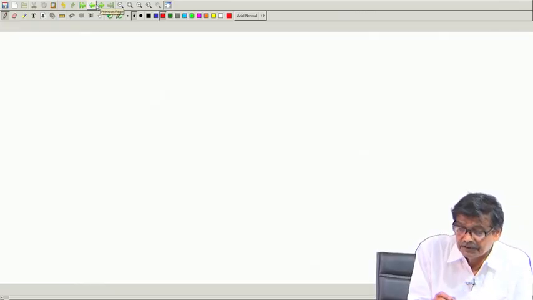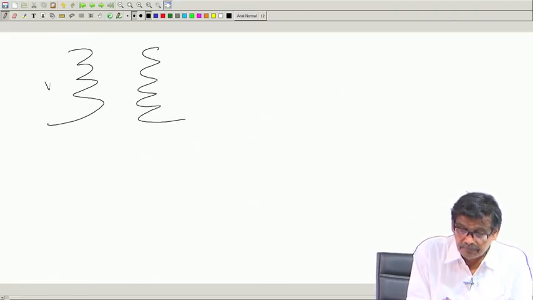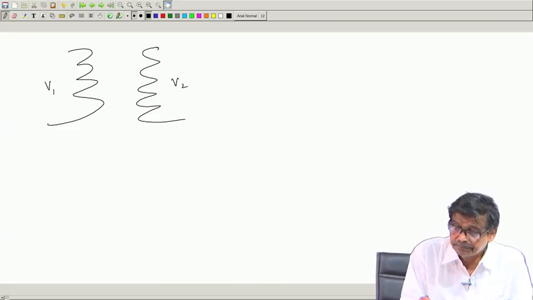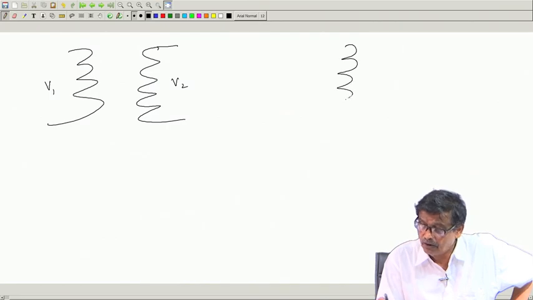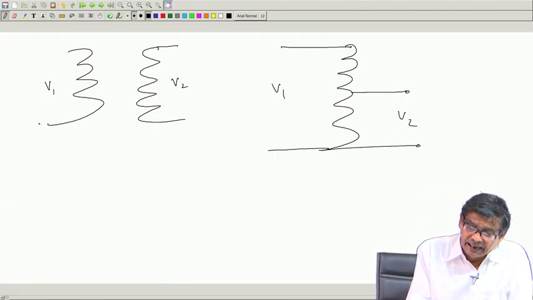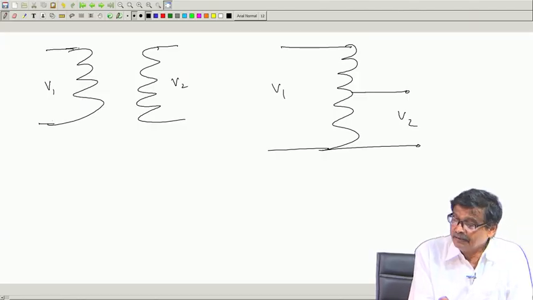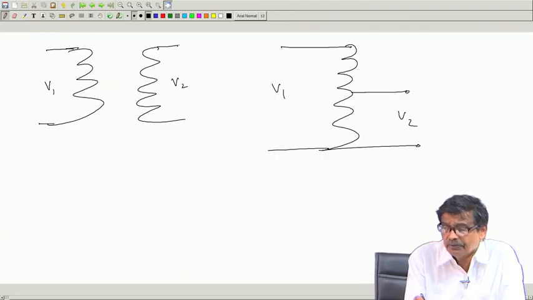Suppose you have a two winding transformer, V1, V2 you are getting, and a similar rated auto transformer where V1 and V2 you are getting, that is fine. Let us consider a situation, a two winding transformer is supplying load, rated current.